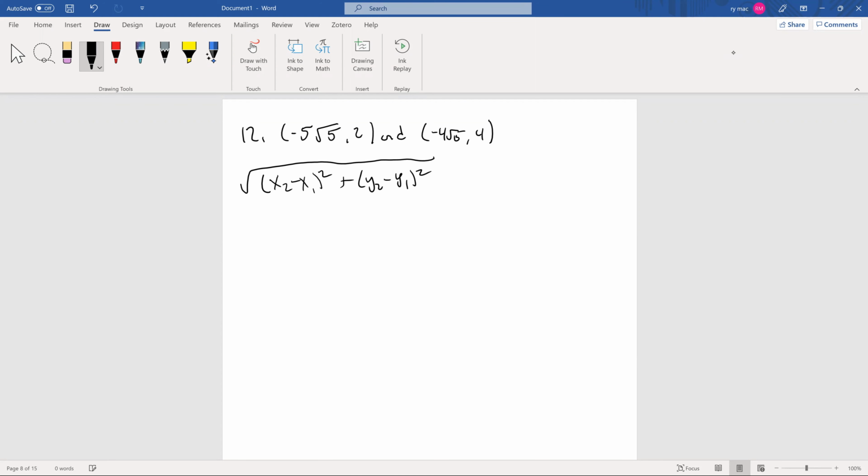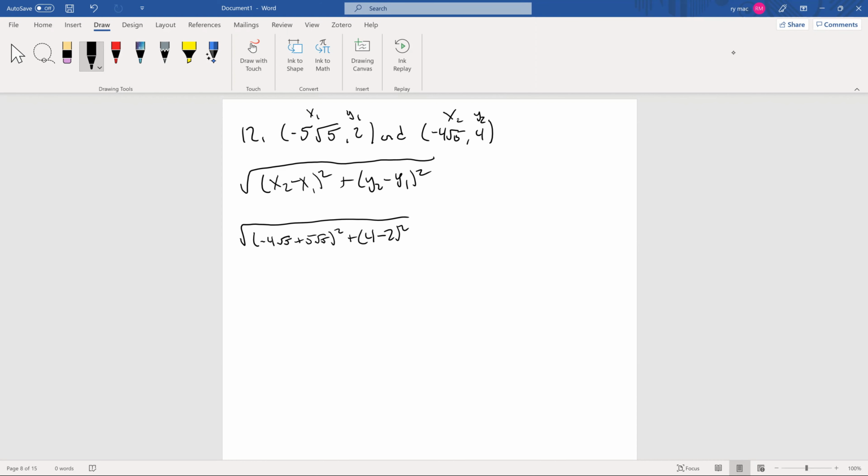So I'm just going to list my x1, y1, x2, y2. So now I just plug in. So it's going to be (-4√5 plus 5√5) squared plus (4 minus 2) squared.